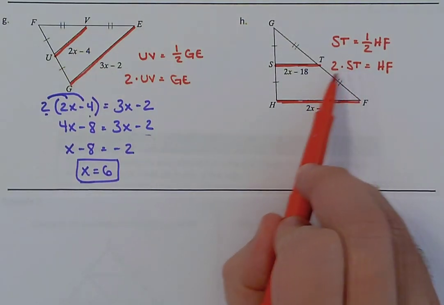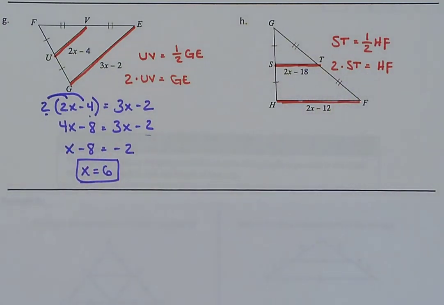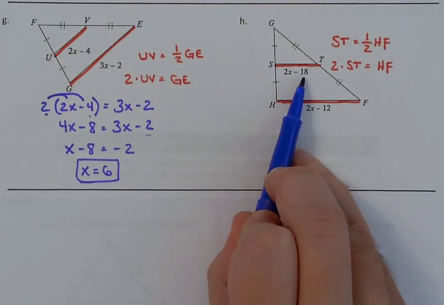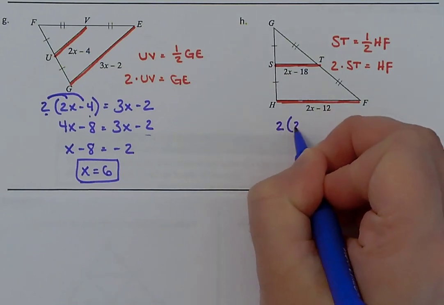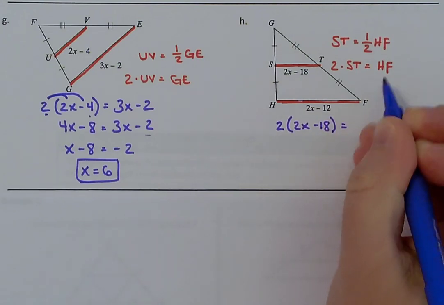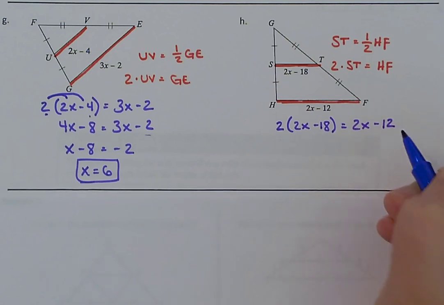So I'm going to use the second one, 2 times ST equals HF, to plug my stuff in. So I know that ST is 2x minus 18. So we're going to do 2 times 2x minus 18 equals HF, which is 2x minus 12.